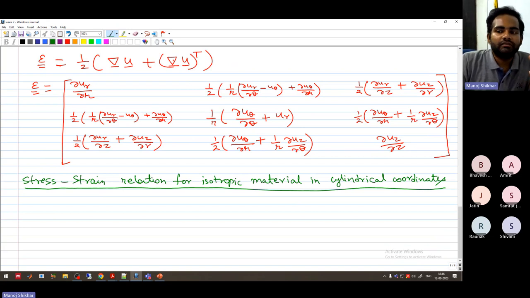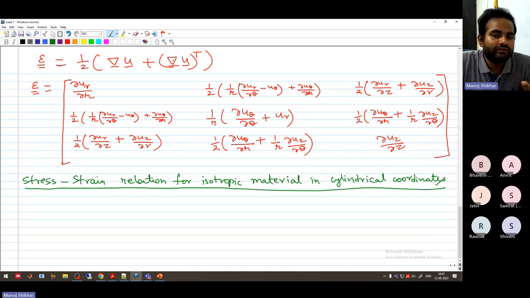In an isotropic material, you will get the same value of the properties along any direction you move. So at a point, it does not matter in which direction you are moving, you will encounter the same value of the property.